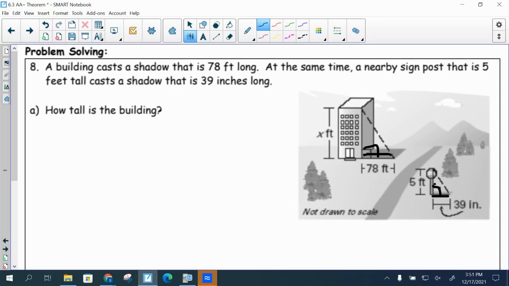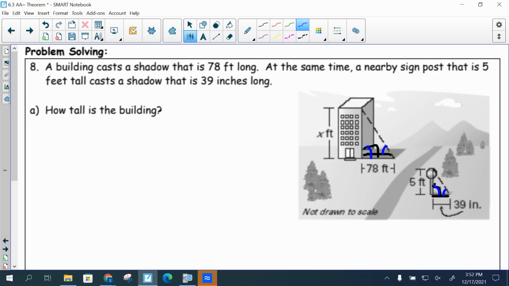So the thing with a shadow is that when you have a shadow, it actually creates angles that are going to be the same. So this angle here is going to be the same as this angle. And since they're both, we're assuming, at a right angle, then you do know that the triangles are similar.